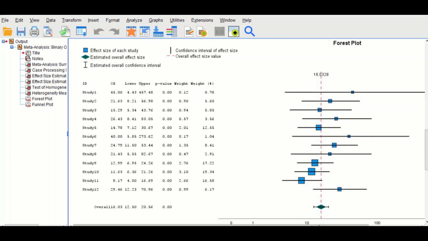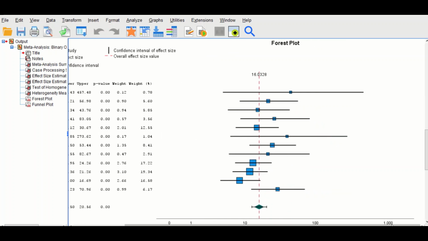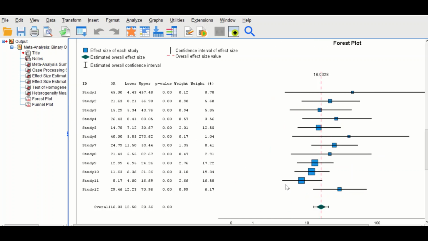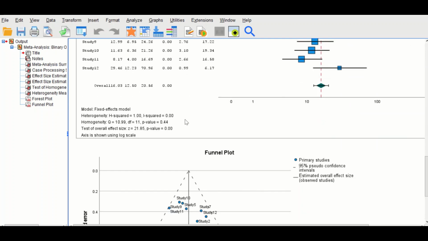So this plot is the forest plot, and there are 3 sections in it. The first section is descriptive statistics. The second section is the diagrammatic representation, and the third section is the statistical analysis.